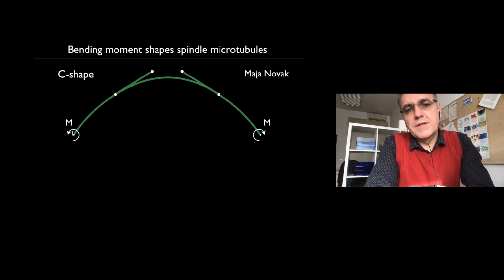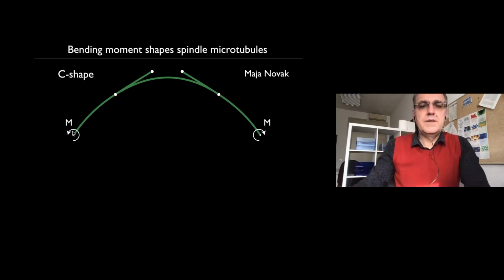So in principle, based just on comparison with the shape, we cannot say whether we have bending moments at the ending sides of this object, or forces pointing towards the center.